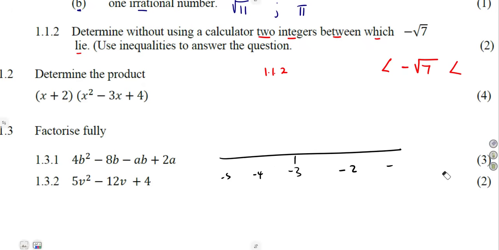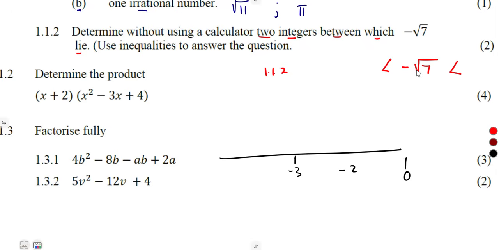So as you compare the values, minus 3 is smaller than minus 2. Minus 3 is less than minus 2, meaning minus 2 is greater. The closer the number is to 0, the bigger the number.